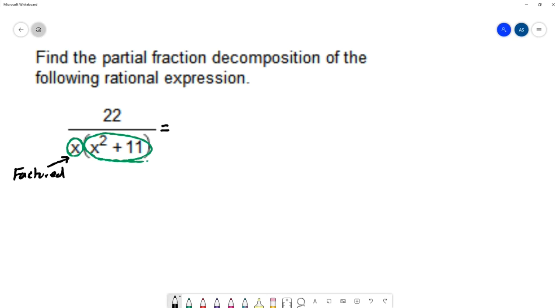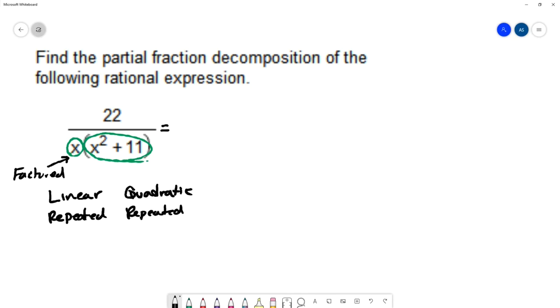You're looking for linear and quadratic, and within that category, you're looking to see if it is repeated. Because if it's repeated, you do something slightly different.